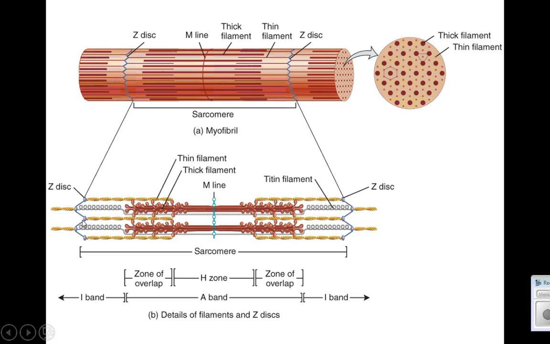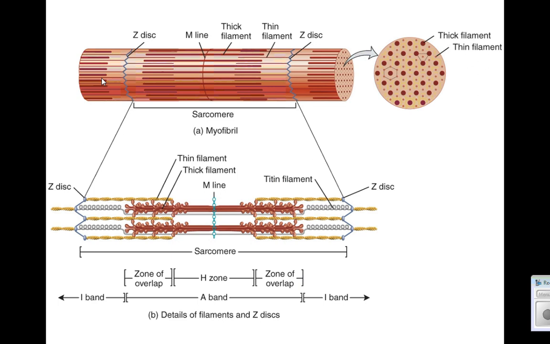If you look inside of the sarcomere, you'll see that there are regions where there's only thin, there's only thick, and then there's both. It's this arrangement that gives the striations. Where you only find thin filaments, which actually are split in half between two sarcomeres, are the I bands. This is the part of the image that we saw a little bit ago that's going to look lighter in appearance.